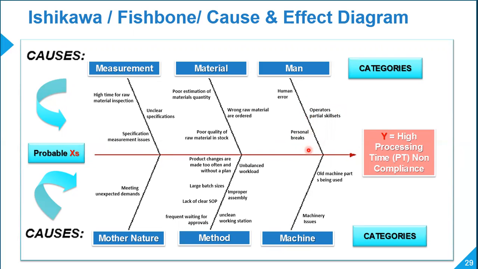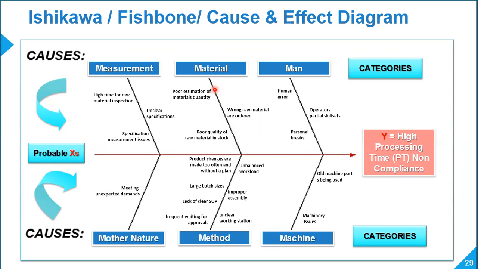Those will go into the compartment of man-related causes. Poor estimation of material quantity, wrong raw material ordered, or poor quality of raw material in stock will come under material. Likewise, you segregate different causes into different categories.